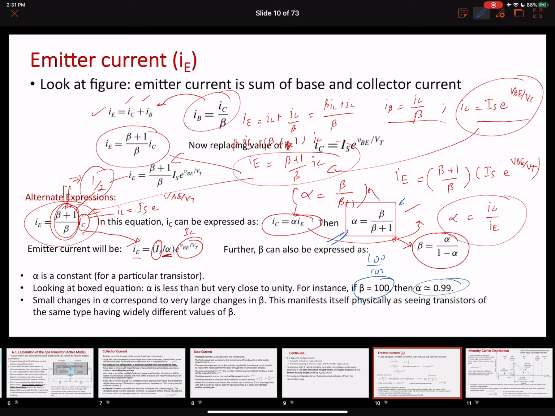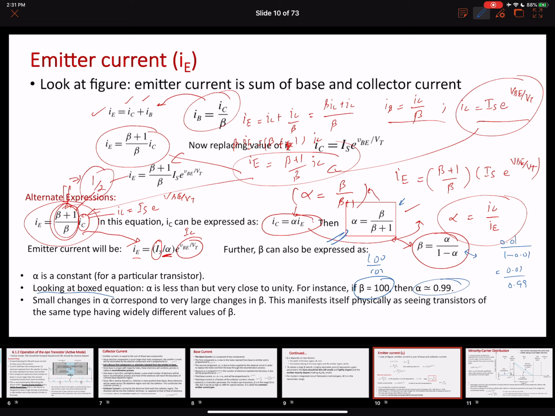Okay, so another important conclusion that we can draw over here is that for a very small change in alpha, you can look over here now. If you have a very small change in alpha, let's say 0.01, then alpha over 1 minus alpha will be 0.99 over 0.01. The change in beta will be very, very large.